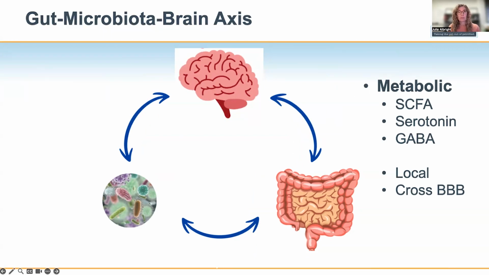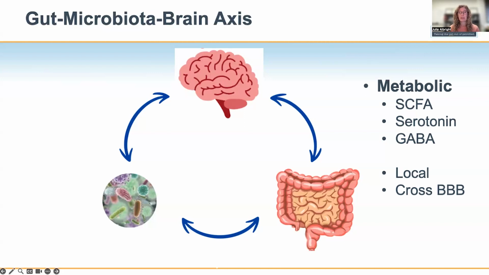Serotonin: 95% of the body's serotonin is converted from L-tryptophan to serotonin in the gut of an animal. And some microbes can create GABA, gamma-aminobutyric acid, which is the major inhibitory neurotransmitter in the body. Medications like Xanax affect GABA, so that tells you what a powerful effect these can have.